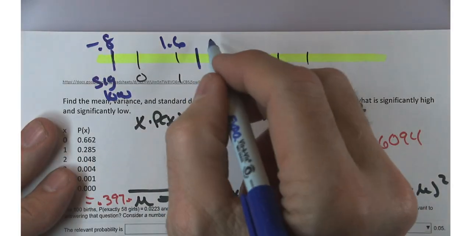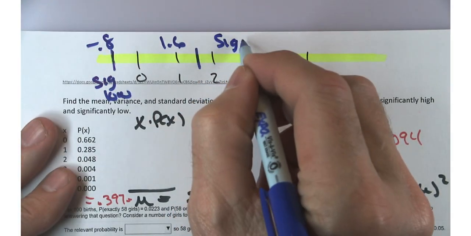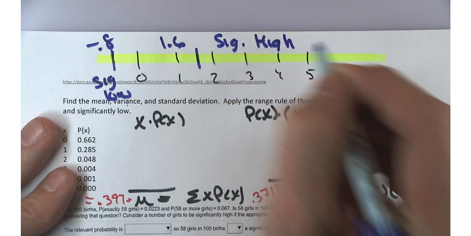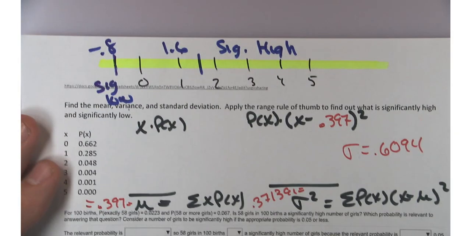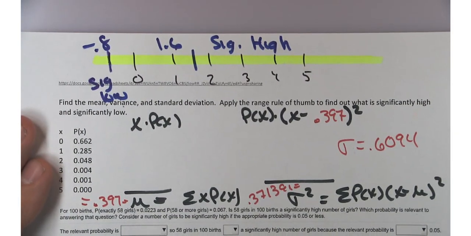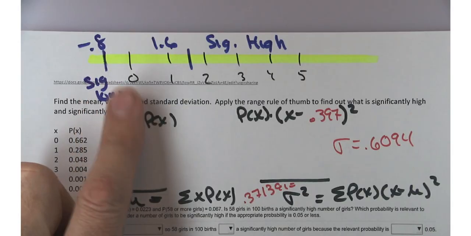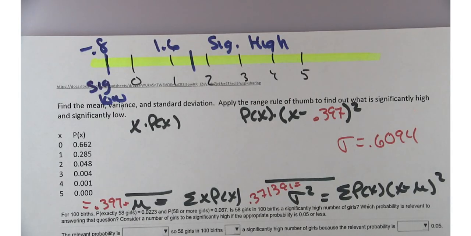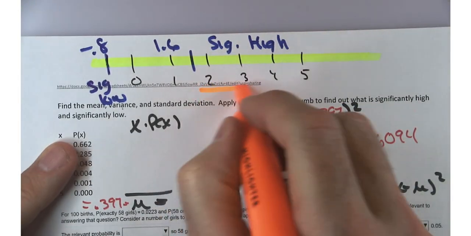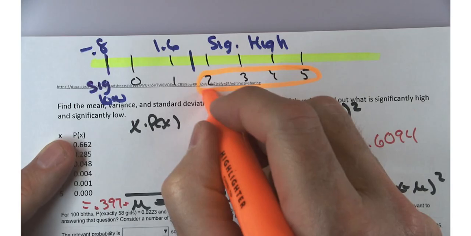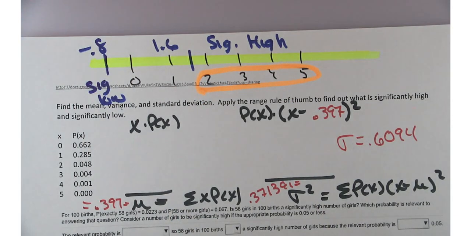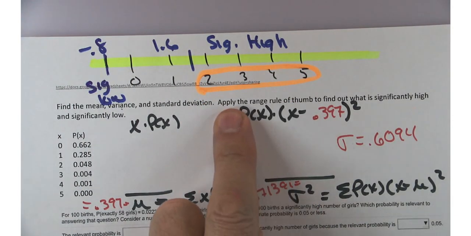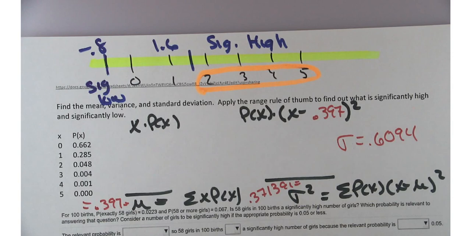There's your significantly high. Can we get an event that's significantly low in this case? No. It's less than the smallest number we can get from this experiment. Significantly high would be all these values, 2, 3, 4, and 5. Of course, there's no chance of a 5, so it's just really 2, 3, and 4, but you're applying the range rule of thumb there.